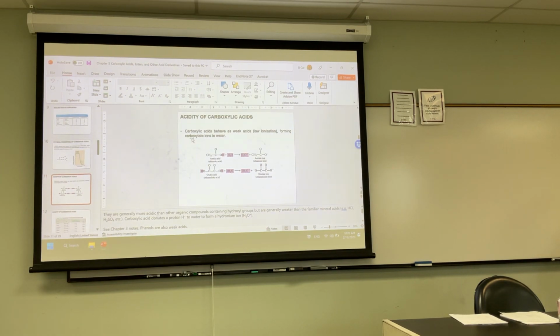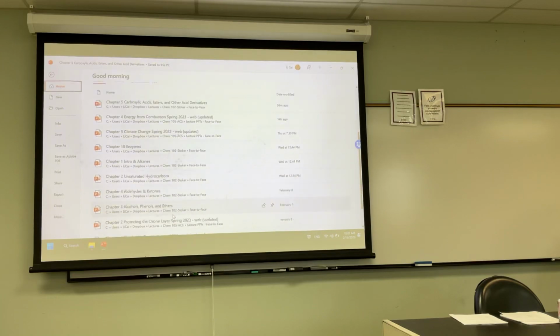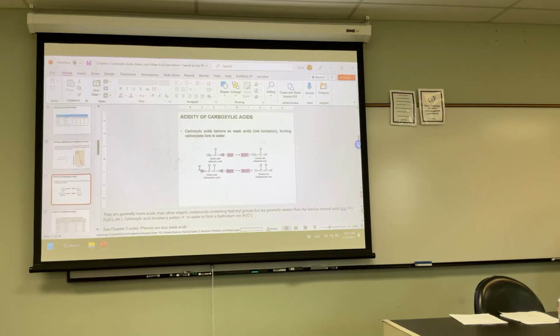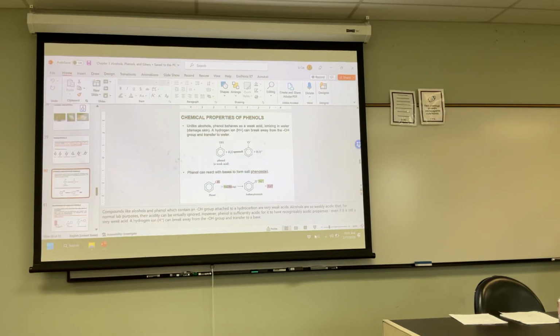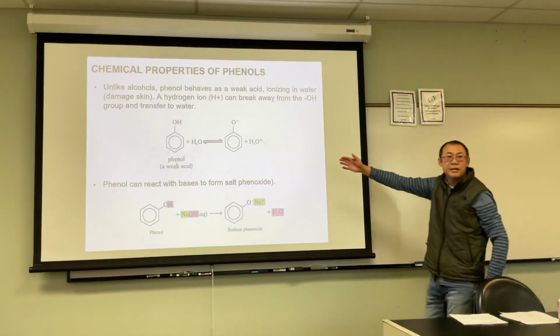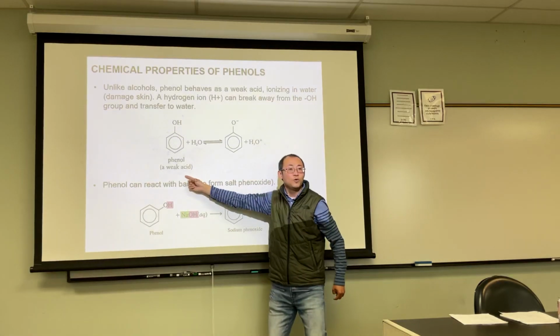Let's turn back to chapter 3. Here we go. Some of you forgot, but I hope this reaction can remind you. That reaction is also in your test, by the way. This is the reaction we have studied in chapter 3. We called phenol a weak acid.